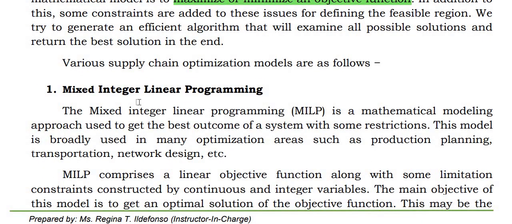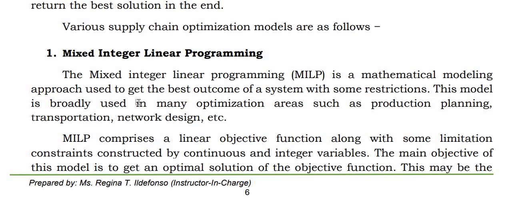We have the mixed integer linear programming. I know when you were in senior high school, in high school, you already encountered these linear numbers, these integer numbers. So speaking of mixed integer linear programming in supply chain, this is a mathematical modeling approach used to get the best outcome of a system with restriction.